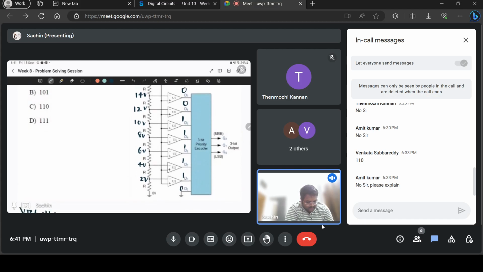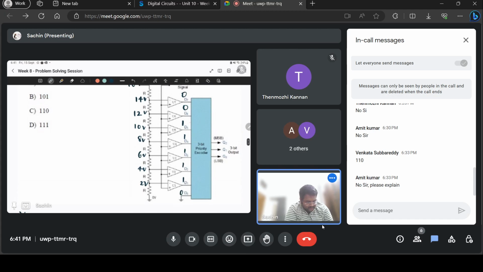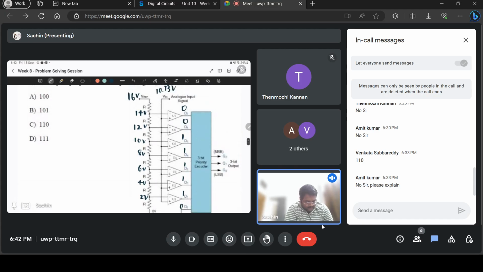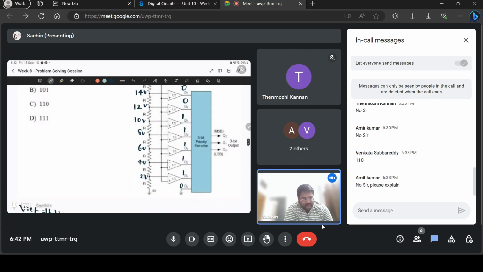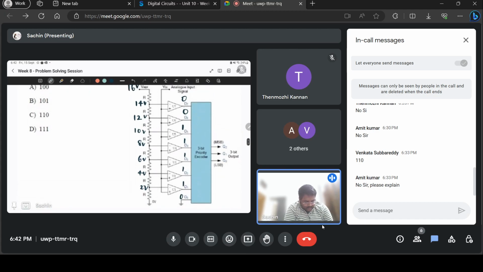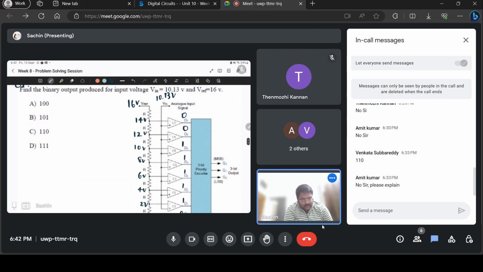It'll see among the input lines which are high, which has the highest priority. So I'm assuming that D7 has highest priority and D0 has lowest priority for this encoder. But the D7 and D6 are off. So since D5 is the highest priority among all these, the output will be 5 in binary. So in binary 5 is 101.